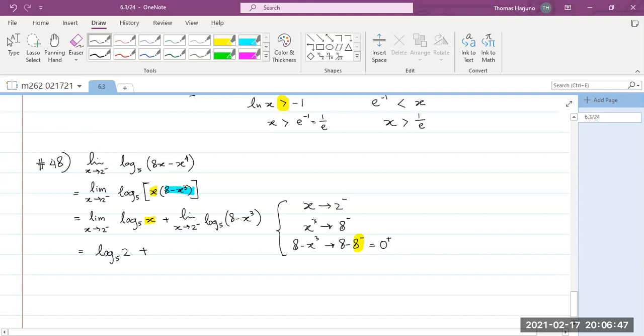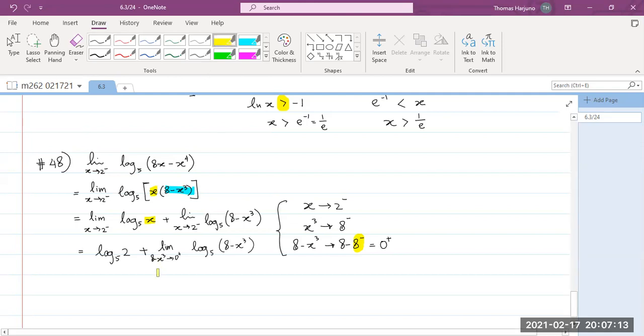When x approaches 2 from the left-hand side, it means 8 minus x cubed approaches 0 from the right-hand side. So I get the limit as 8 minus x cubed approaches 0 from the right-hand side of log base 5 of 8 minus x cubed.